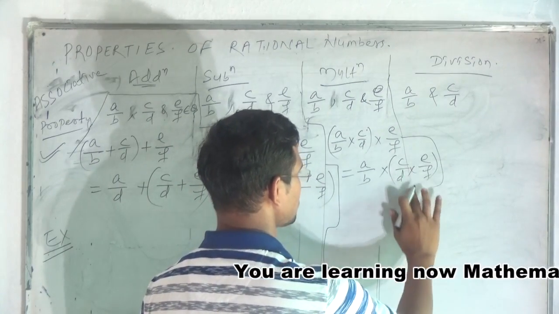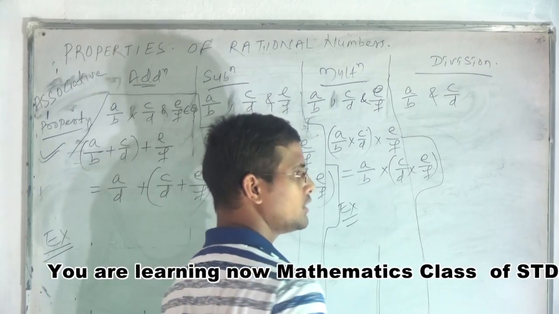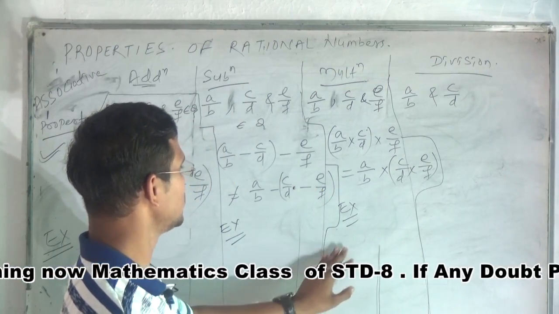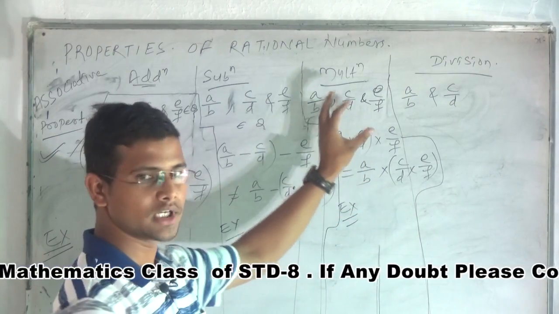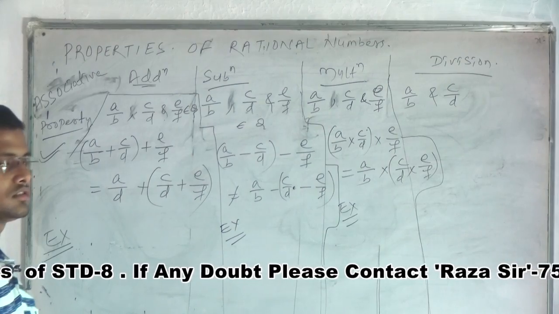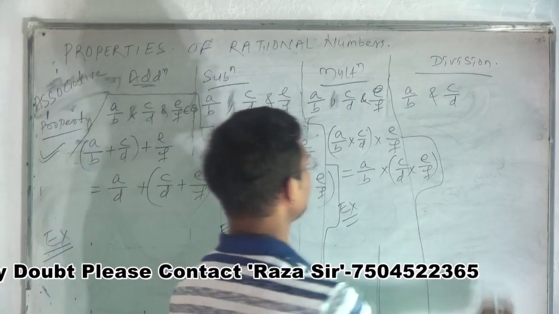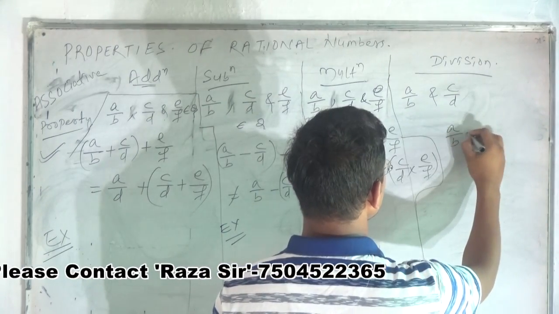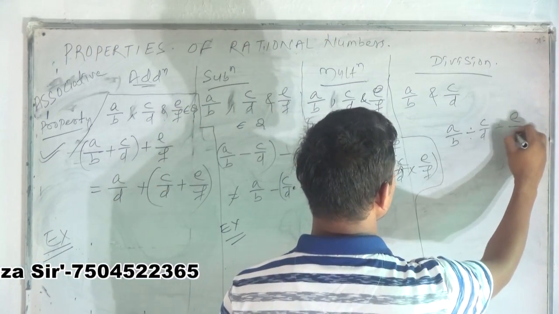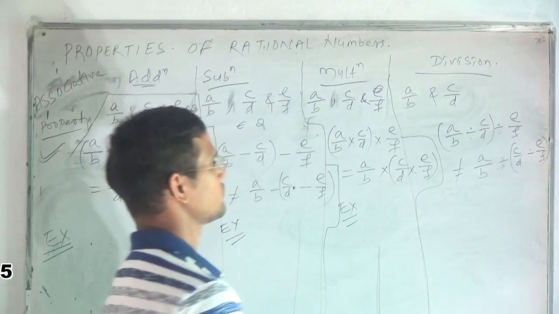That means LHS equals RHS. You take an example and check it. This is the multiplication of rational numbers under associativity. Another thing, A by B division C by D division E by F is not associative.